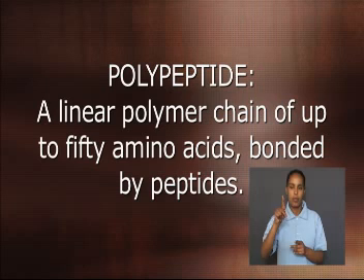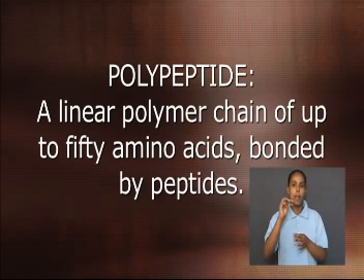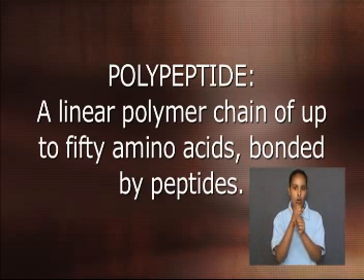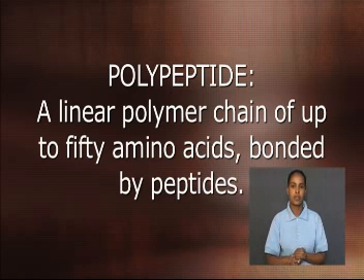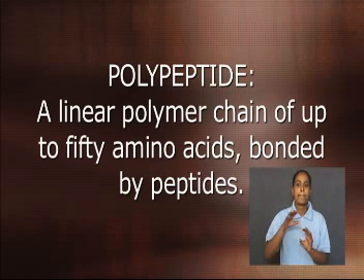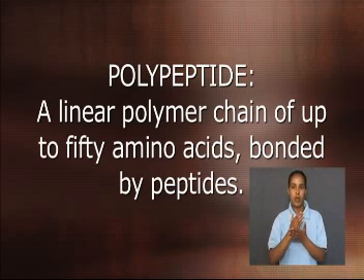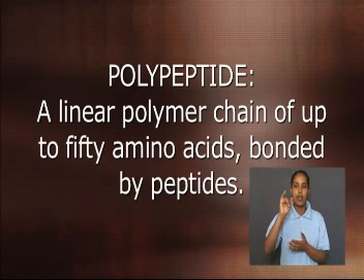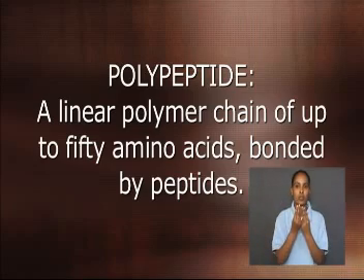A polypeptide is a single linear polymer chain of amino acids that contains up to 50 individual units. These have been bonded together by peptide bonds between the carboxyl and amino groups of adjacent amino acid residues.